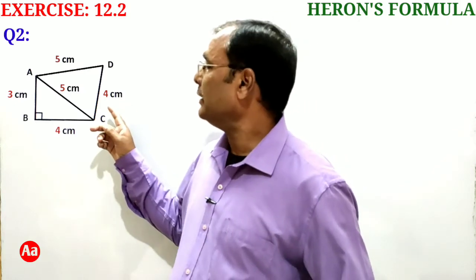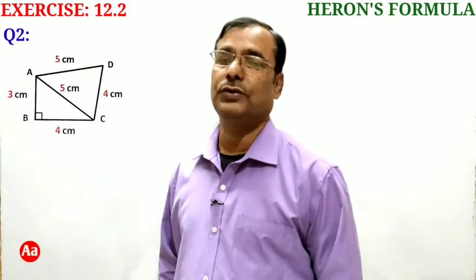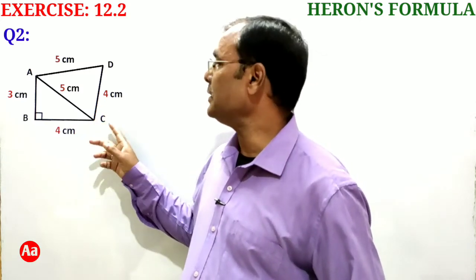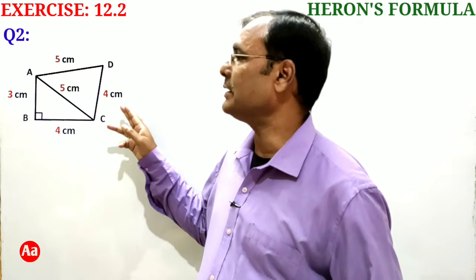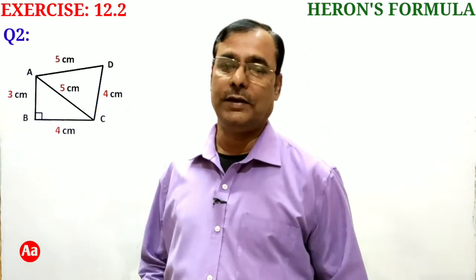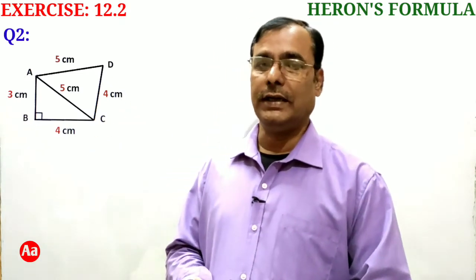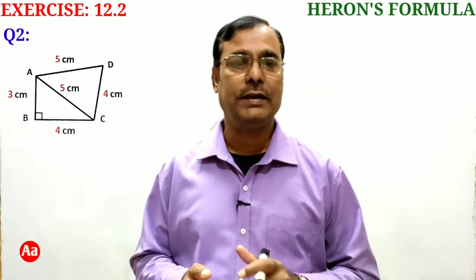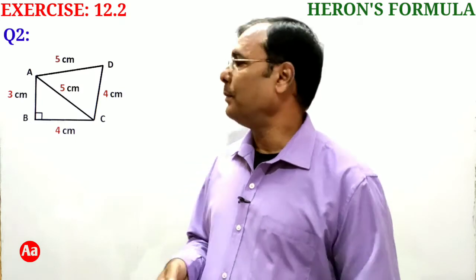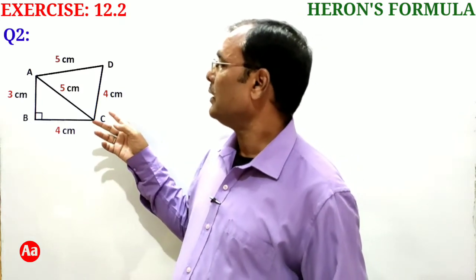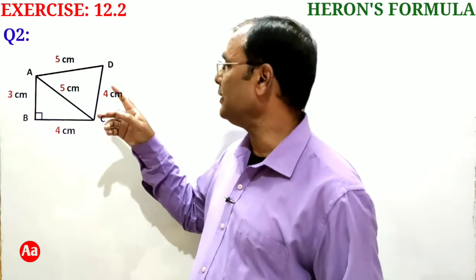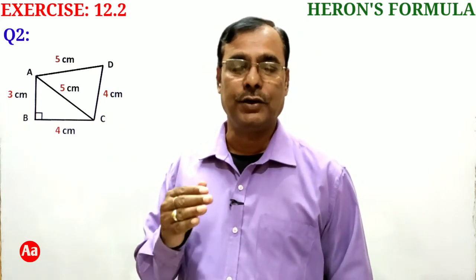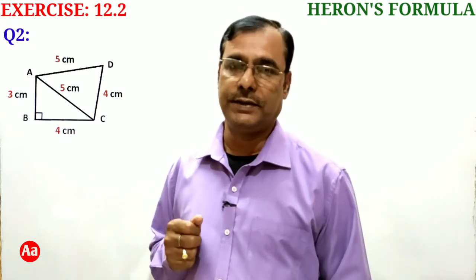If you look at a length of the diagonal AC also given, so we can find out area of triangle ABC and area of triangle ACD separately, and by adding areas of triangle ABC and ACD we can find area of quadrilateral ABCD. But if you look at sides AB, BC and diagonal AC, their lengths are 3 centimeter, 4 centimeter and 5 centimeter.